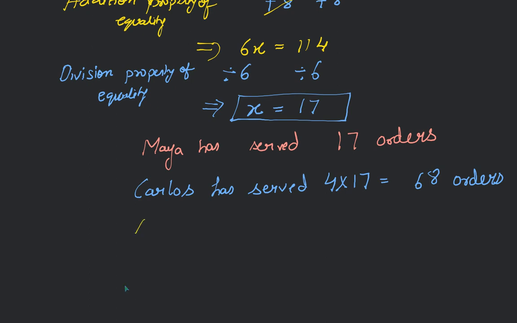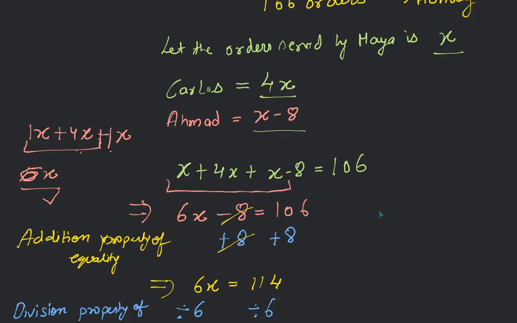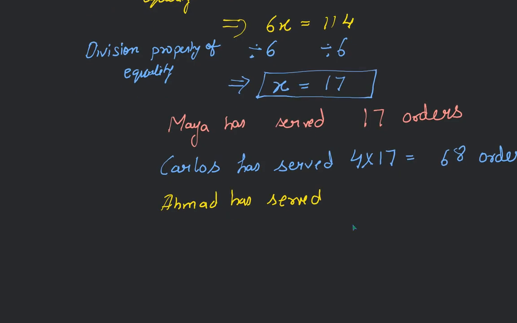And Ahmad is serving fewer orders than Maya. So it's x minus 8, because it is 8 fewer orders. So we subtract 8 from the 70. So 70 minus 8 is equal to 9.